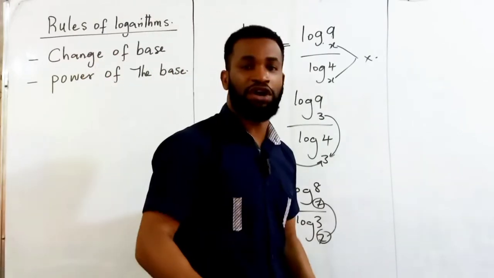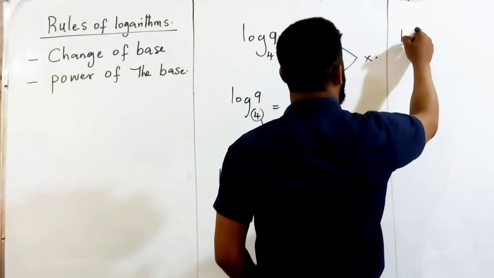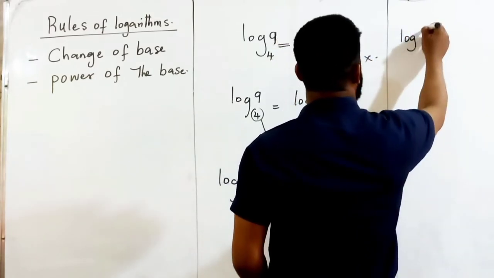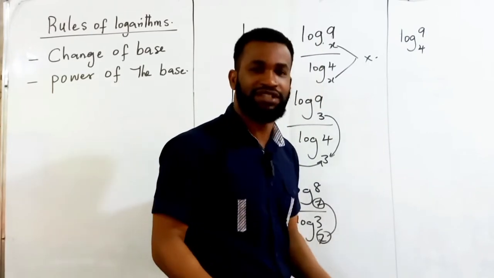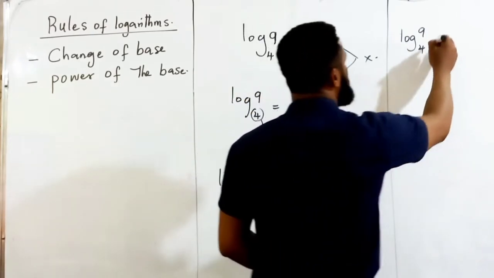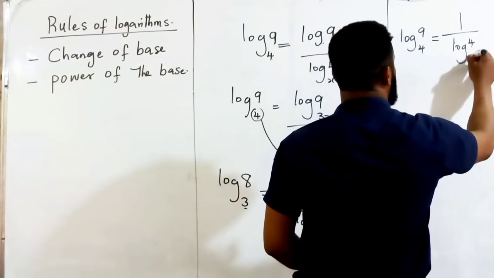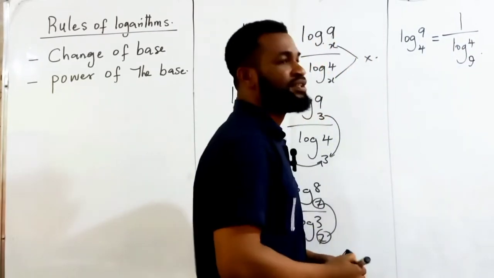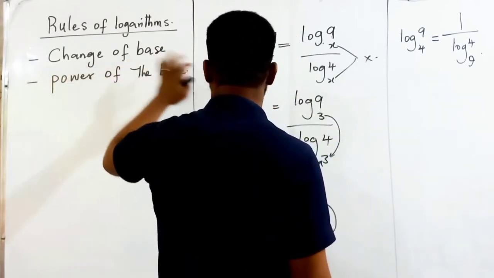There is another way of changing base, and that is if you have log 9 base 4. This log 9 base 4 can also be expressed as 1 all over log 4 base 9. You see that? This is called reciprocal, which is also an expression of change of base.